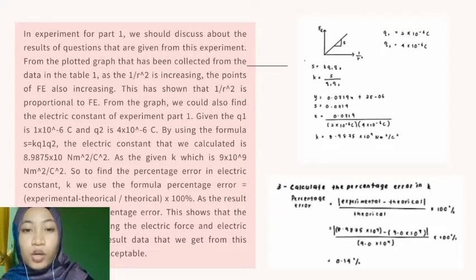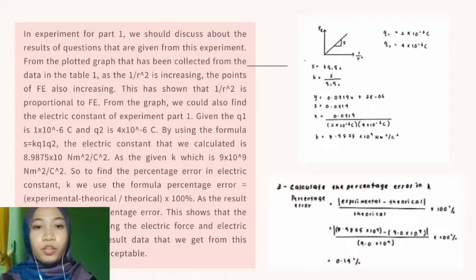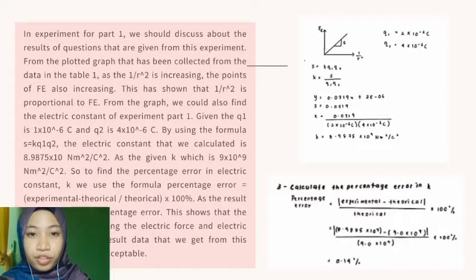The given K is 9 times 10 to the power of 9 newton meter squared over coulomb squared. To find the percentage error in the electric constant, we use the formula: percentage error equals experimental minus theoretical, divided by theoretical, times 100%. As a result, we get 0.14% percentage error.